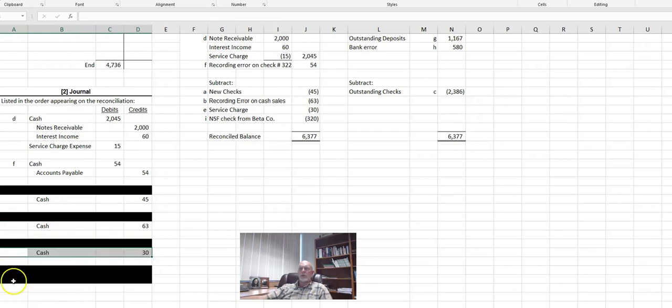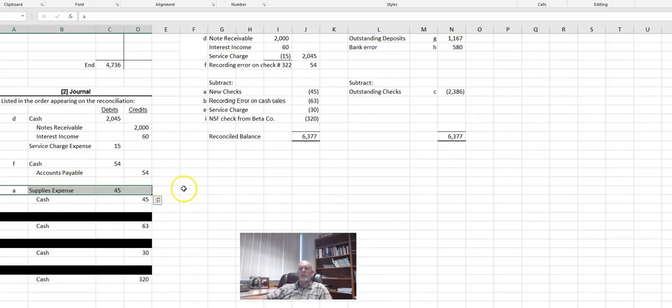So we know that what we're looking for now is the other side to each of those journal entries, which would be a debit. So for the first one, we bought some new checks, or they charged us for some new checks. So let's put that into office supplies expense for those new checks that we purchased.